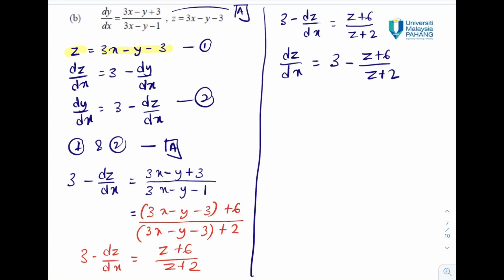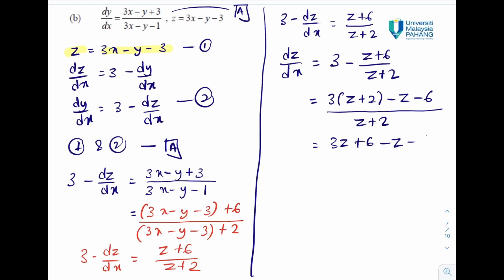Okay, check back. I bring this one to this side, and I bring this one to this side. Okay, done. And then merge: 3 z plus 2 minus z minus 6, z plus 2. 3z plus 6 minus z minus 6, z plus 2.